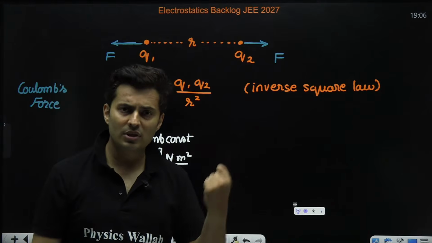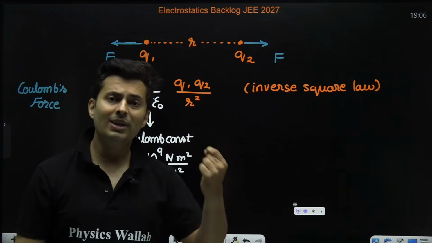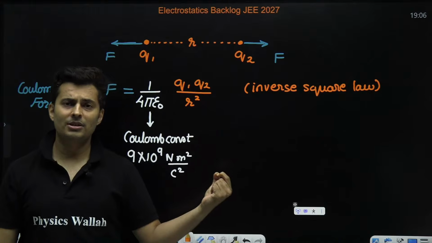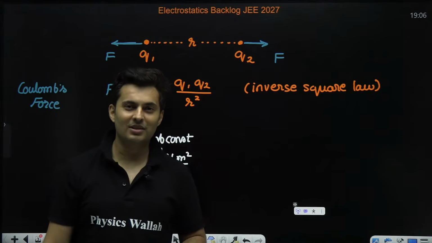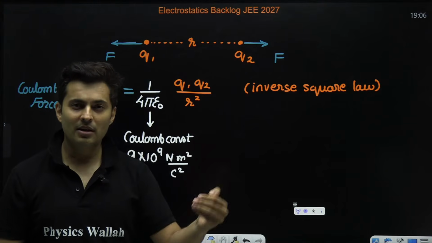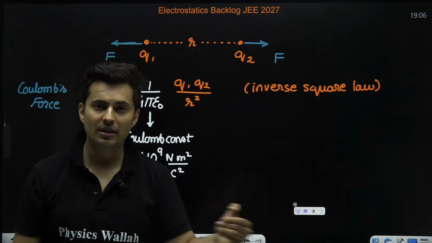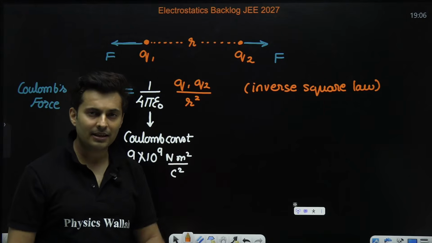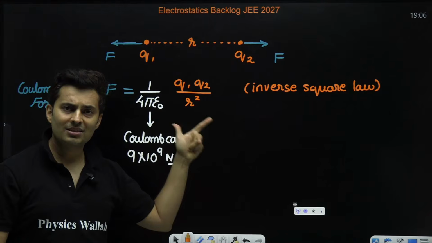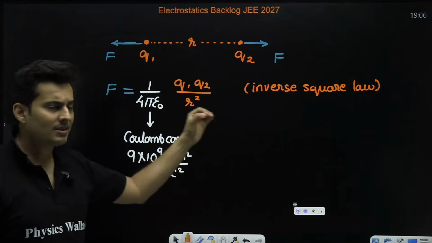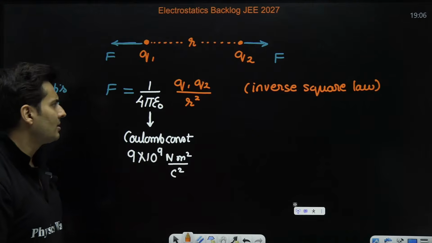Even magnetic force is an inverse square law. But you will learn later in the 12th standard chapters of nucleus that the nuclear force is not an inverse square law. So if you are wondering, is there any force which is not inverse square? The answer is yes, and that is nuclear force. But for now, gravity, electric, magnetic forces, these follow an inverse relationship to the distance square.